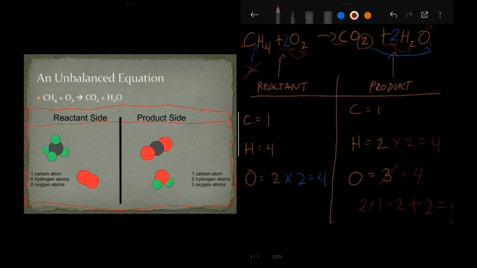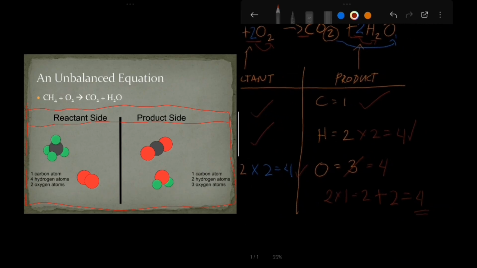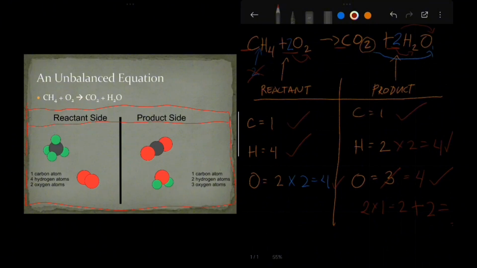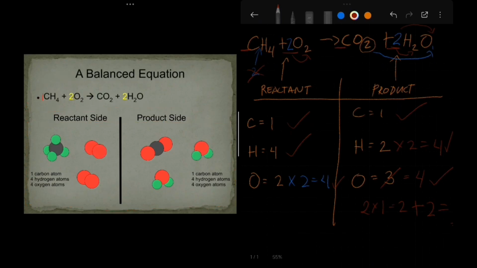Carbon, 1 and 1; hydrogen, we got 4 and 4; and oxygen, we got also 4, and yes, on the product side is also 4. So this is the ladder type that I'm talking about, na mabilis nyo siyang maintindihan or makikita nyo yung pagkakaiba agad ng reactant at saka ng product. Okay? So yes, we get the correct answer.